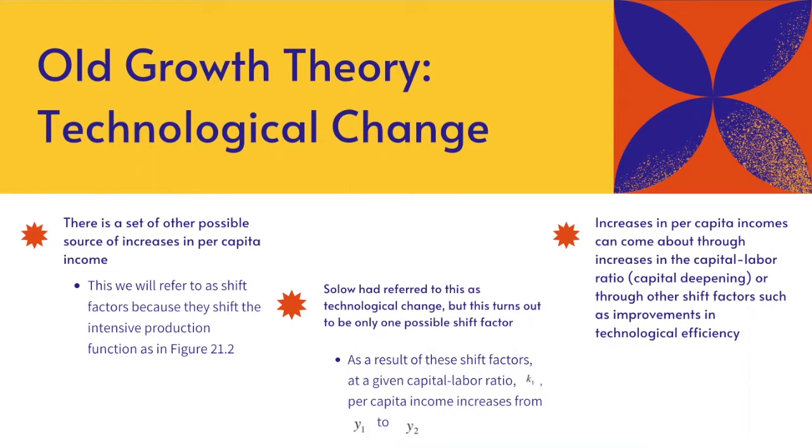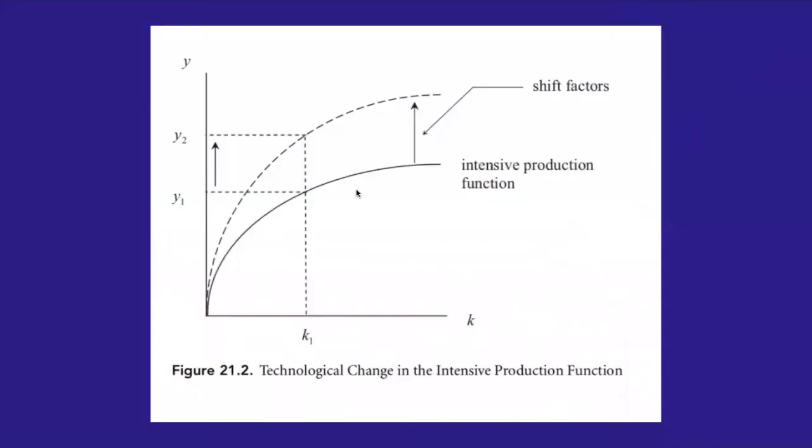As a result of the shift factors, at a given capital-labor ratio k1, per capita income increases from y1 to y2. The increases in per capita income can come about through increases in the capital-labor ratio, or as I said before, capital deepening, or through other shift factors such as improvements in technological efficiency.